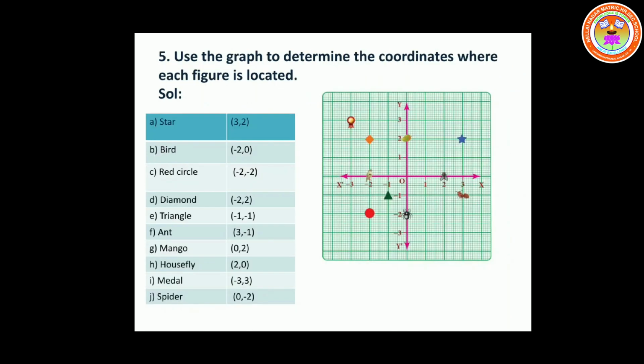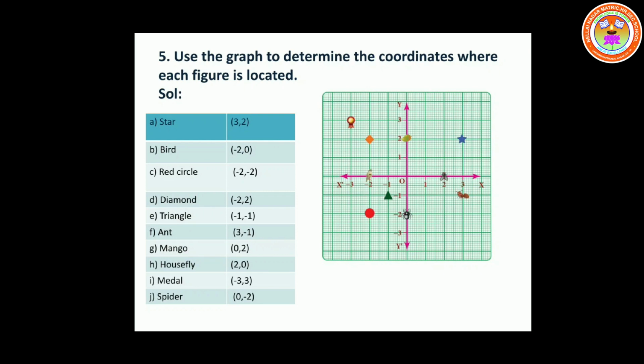Next, I was thinking about giving this as homework because it's easy to identify the given symbols or figures. Each star shape is there, a medal is there, a circle is there, an ant is there, a bee is there. So you have to identify at what point this star or circle or triangle lies on the graph.